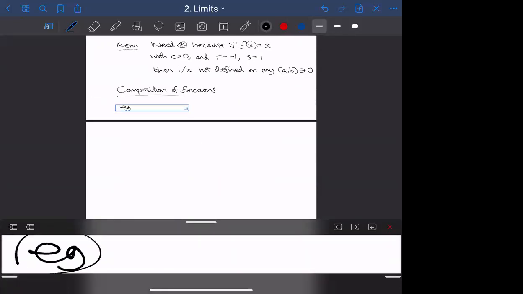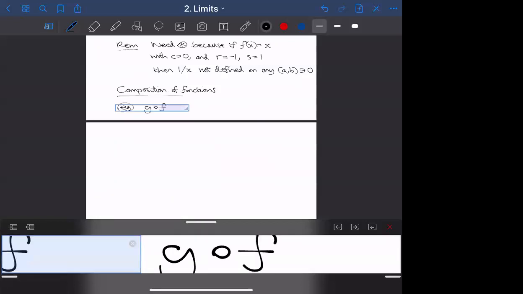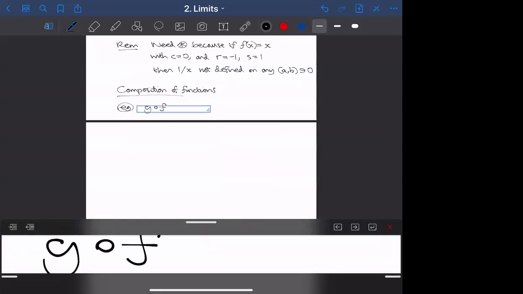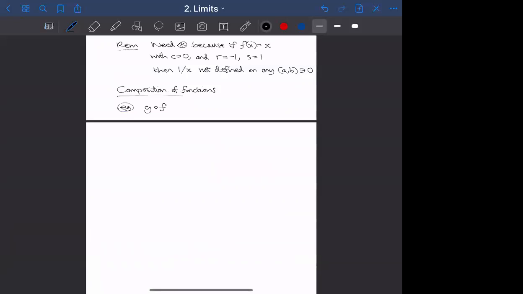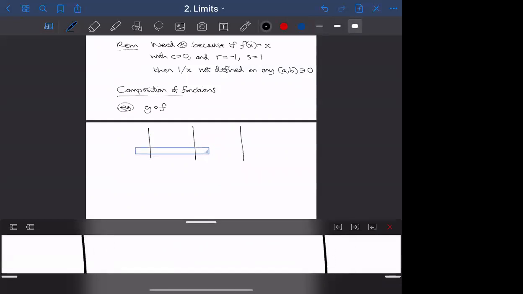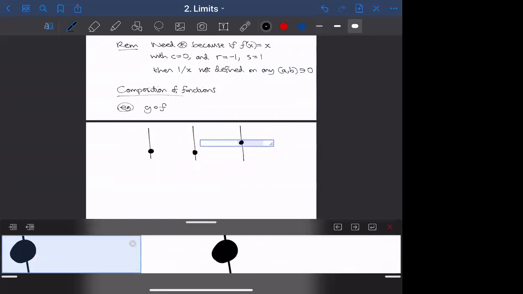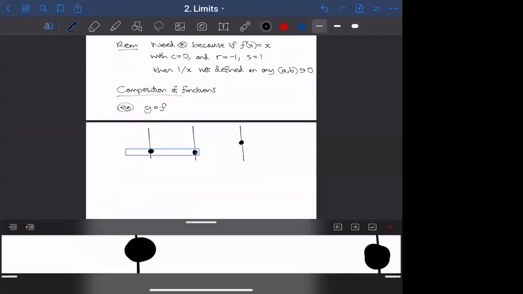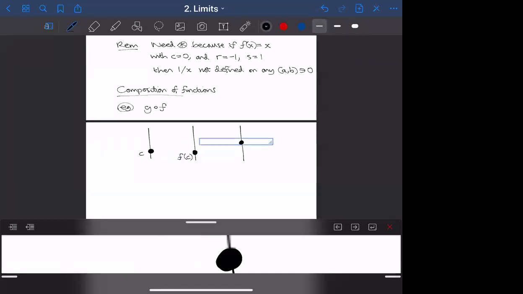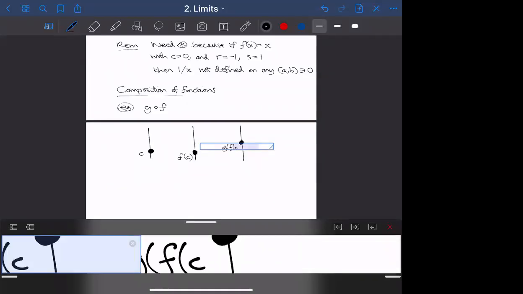So, for example, the function f then g. So this circle means composition. That means we take, I'm drawing 3 number lines here. So we take, say, a point C, map it to f(C), and then map f(C) to g of f(C).